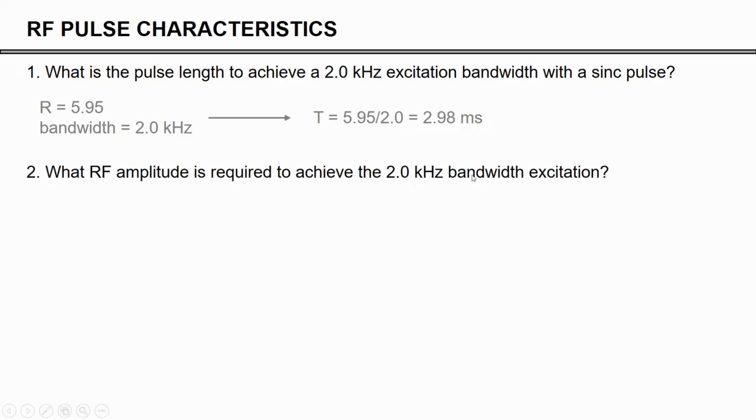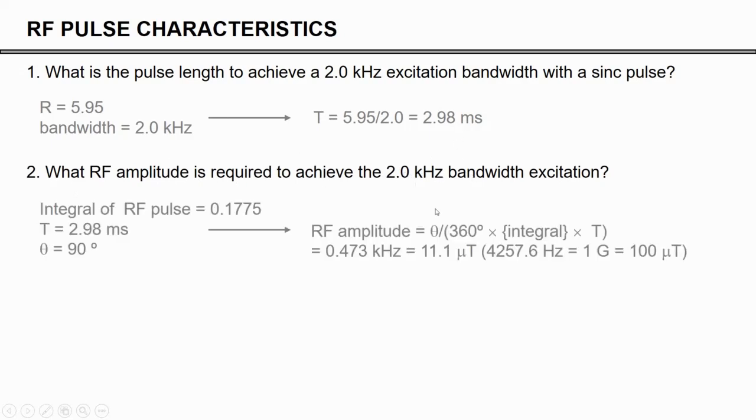Then the next question that you can have is, what RF amplitude B1 max do I require to achieve this bandwidth with that pulse length? Well, the integral of this pulse is 17% of a square pulse. A square pulse is by definition 100% area, 100% integral, and therefore in this case the sinc pulse is 17% of that area. The pulse length is about 3 milliseconds, the flip angle is 90 degrees, so the RF amplitude is given by this equation, ending up to be 473 Hz.